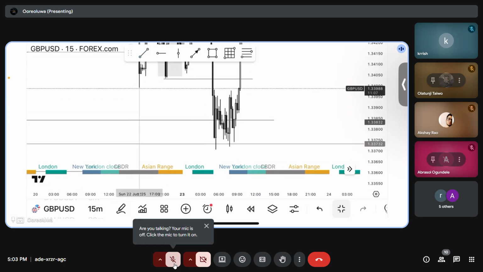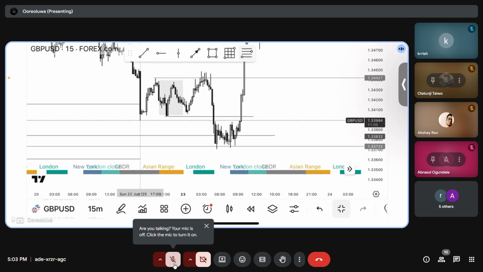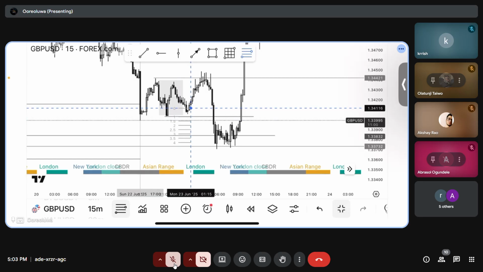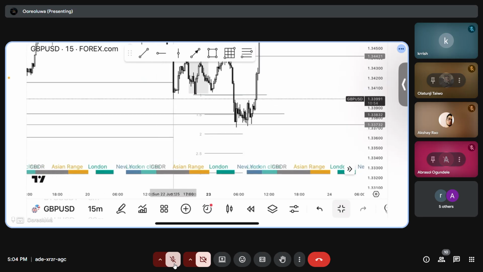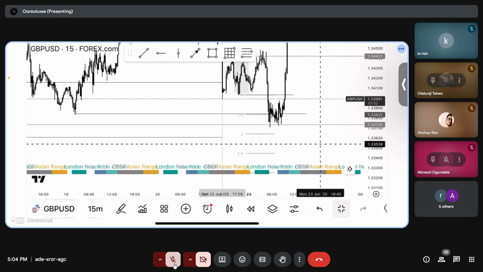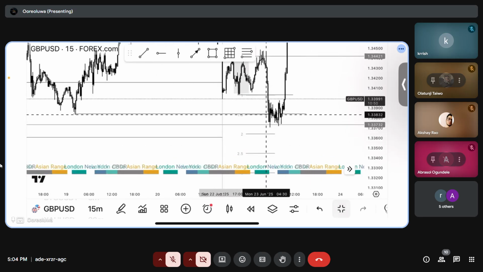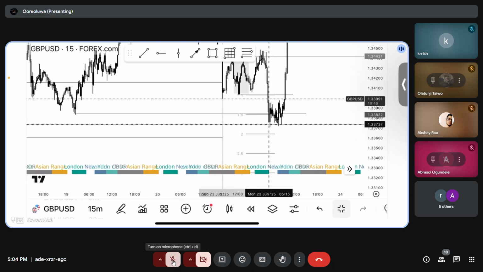So price swept that low, and draw out your standard deviation. This is the last I'll teach. Now you can see the key level is in alignment with 1.5. Price took out the 1.5. This was the full body.